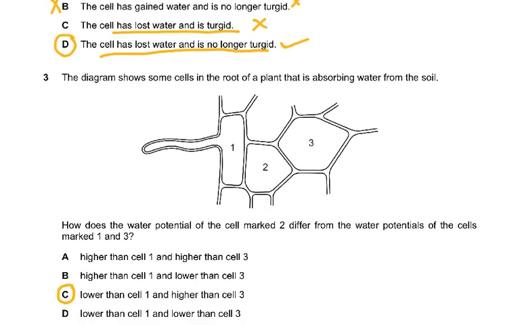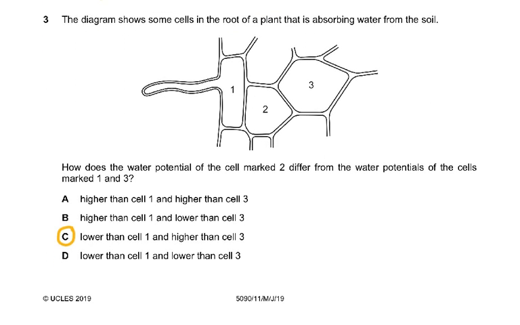Then coming to question 3. The diagram shows some cells in the root of a plant that is absorbing water from the soil. How does the water potential of the cell marked 2 differ from the water potential of the cell marked 1 and 3?